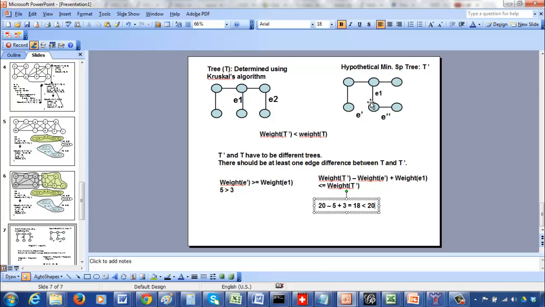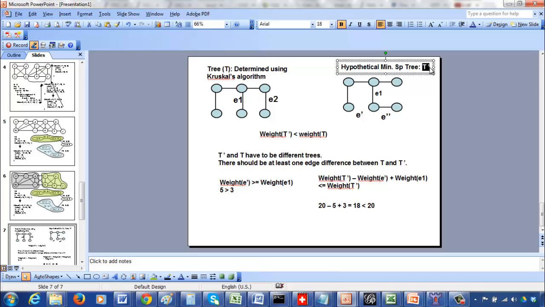So by removing E prime and adding E1 to the hypothetical minimal spanning tree, we are only reducing the weight of the spanning tree even further, which means that tree T prime is not a minimal spanning tree to start with.